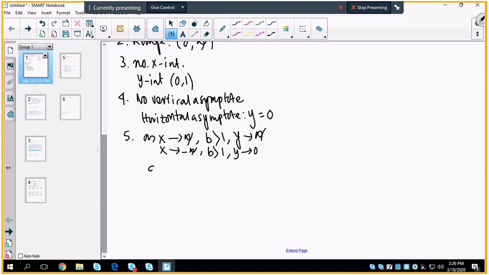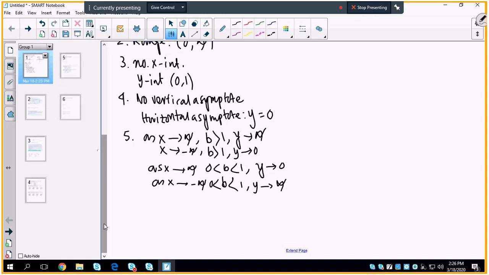Whereas as x goes to infinity, for the situation 0 less than b less than 1, on the right-hand side, y goes to 0. And as x goes to negative infinity, on the left-hand side for 0 less than b less than 1, y goes to infinity.